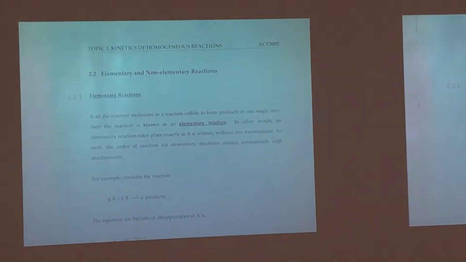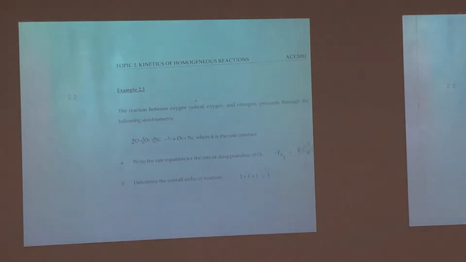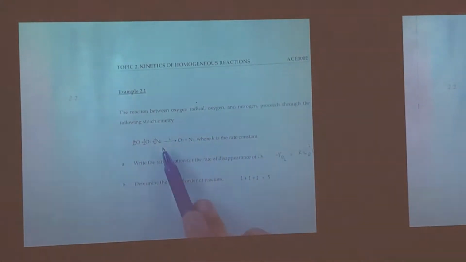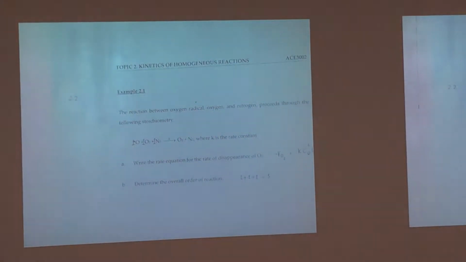We still consider the rate of reaction, but we have to understand something. When we look at this equation, for example, example 2.1 here, the reaction is O plus O2 plus N2, it gives you O3 and nitrogen, and this reaction is actually a one-step reaction.